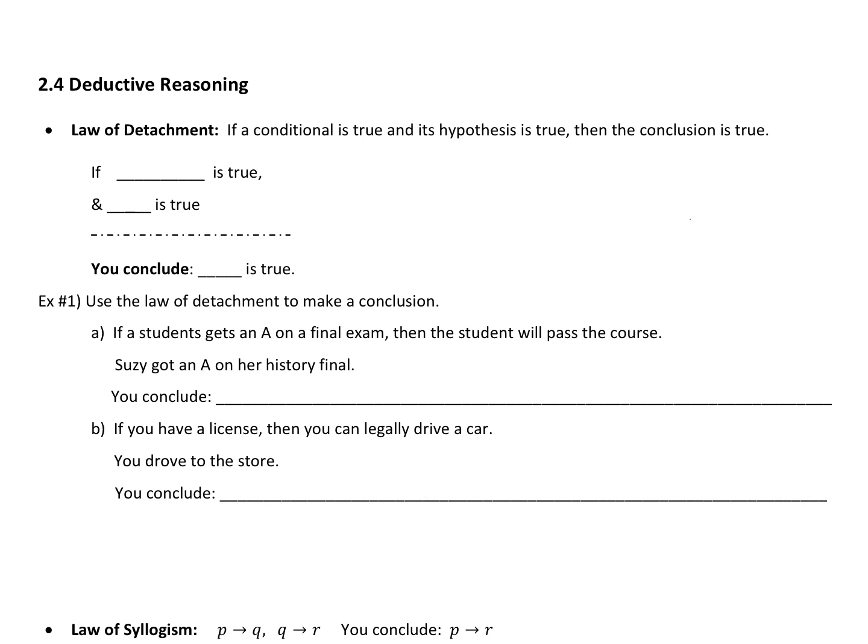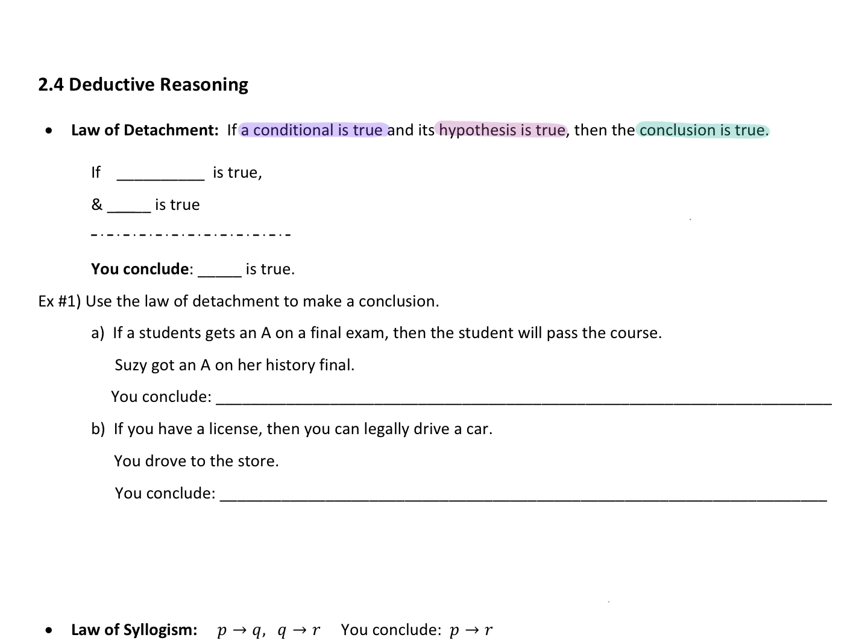So the law of detachment says this. If your conditional is true, okay, and the hypothesis of that conditional is true, then we conclude that the conclusion will be true, okay?